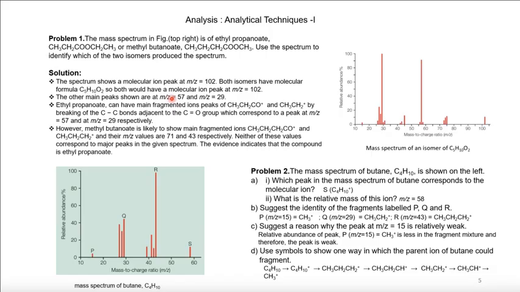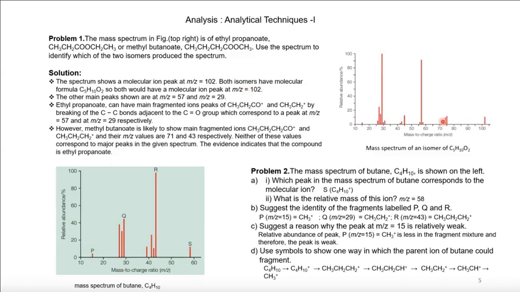Can we say which isomer is responsible for this mass spectrum? Well, we can probably do that. Both have a molecular mass of 102, so with this peak of molecular mass 102, we cannot identify it.